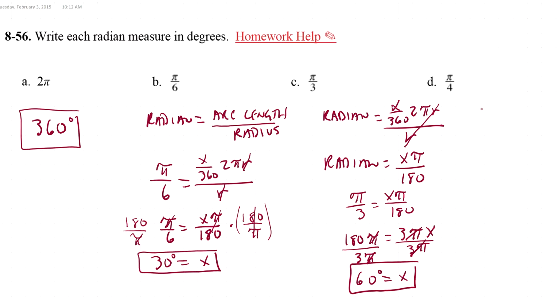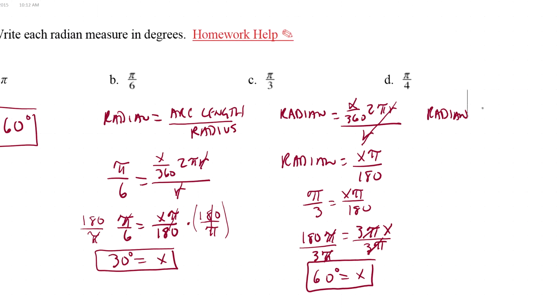And last but not least, just to save some time, we know that the radian is going to reduce to this right here, so it's going to be x pi divided by 180. We know the radian is pi over 4 equals pi x over 180.